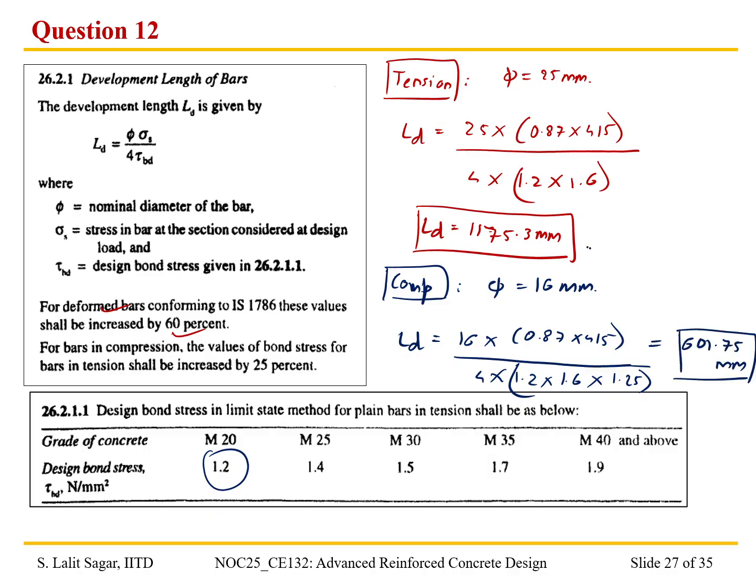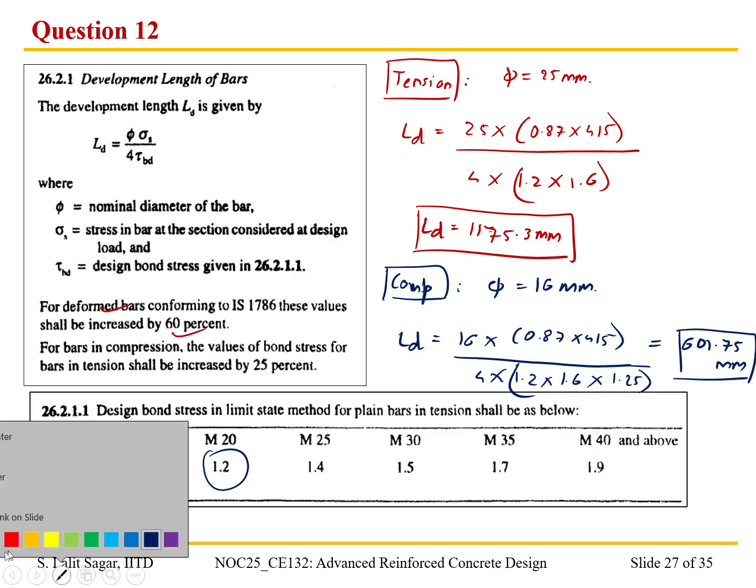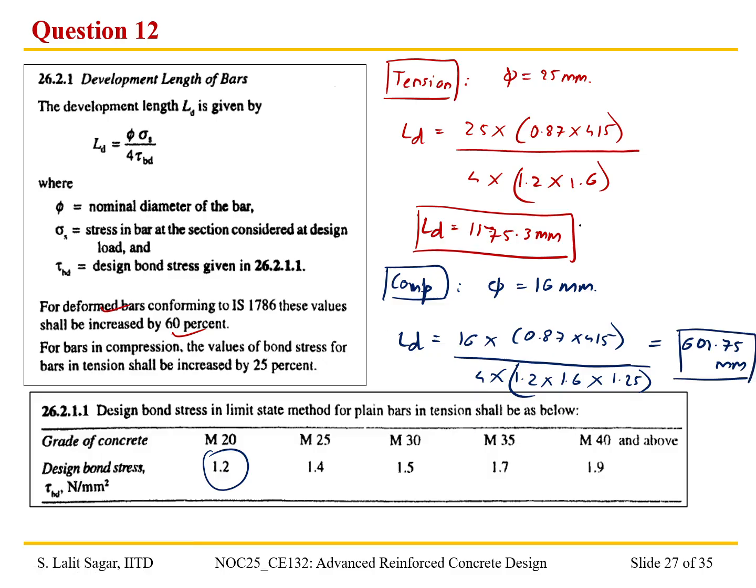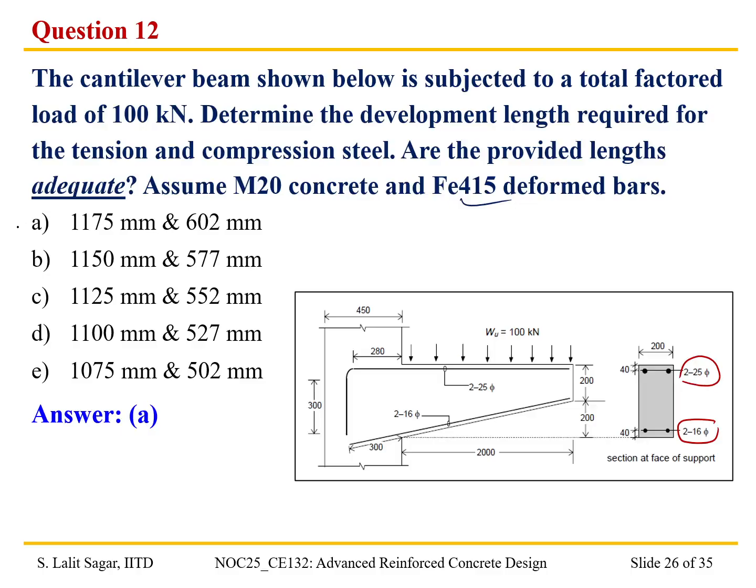So let us calculate the value of LD that is actually being provided now. The answer is 1175 and 602, so option A is the correct response. The second part of the question is whether the provided lengths are adequate. So what is the length that is being provided?